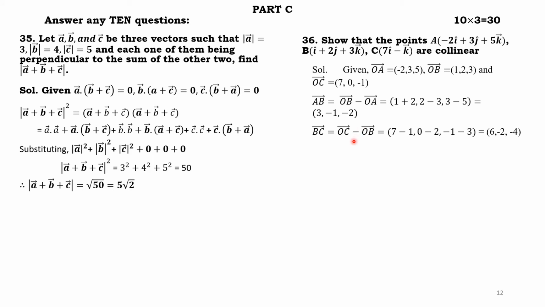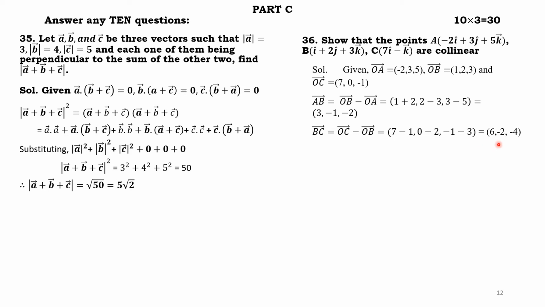Therefore, BC is equal to position vector OC minus OB. OC is 7, comma 0, comma minus 1, minus 1, comma 2, comma 3. That becomes, within bracket, 6, comma minus 2, comma minus 4.